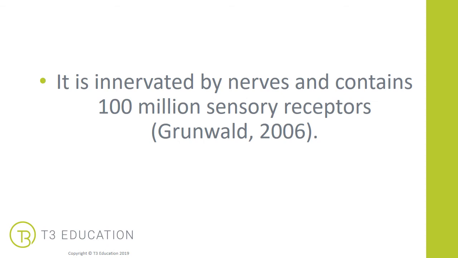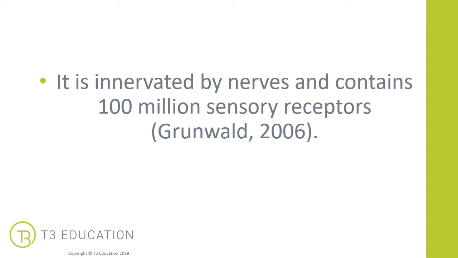Just recapping this quote from Grunwald from his research. Fascia is innervated by nerves and contains 100 million sensory receptors, which is huge and lots more than they initially thought with some of the earlier research within fascia. When we look at the peripheral nervous system, where these sensory receptors live within the superficial fascia, they gather information which then sends that back to the central nervous system, to the brain, which then creates a response via the motor neurons.